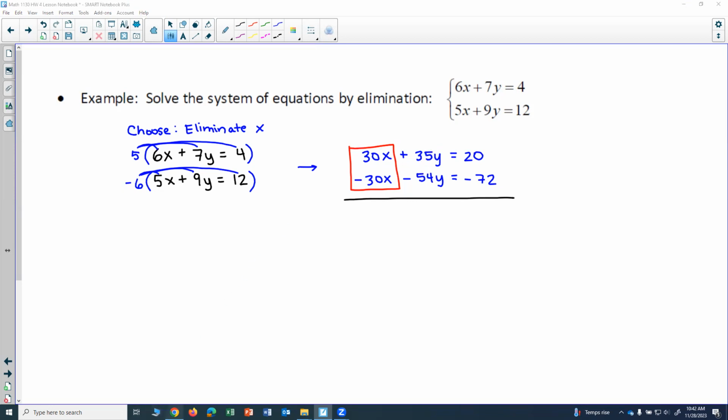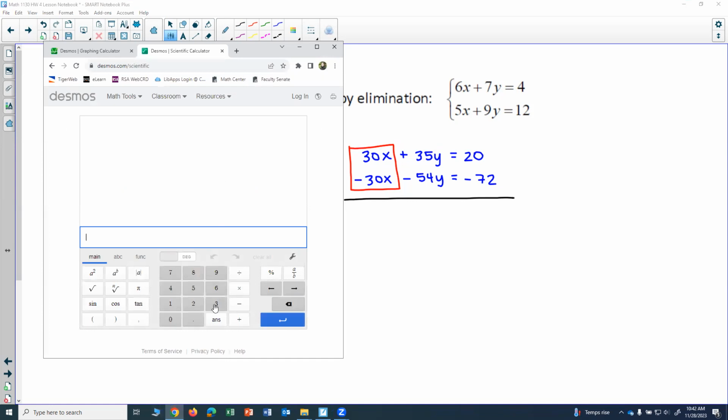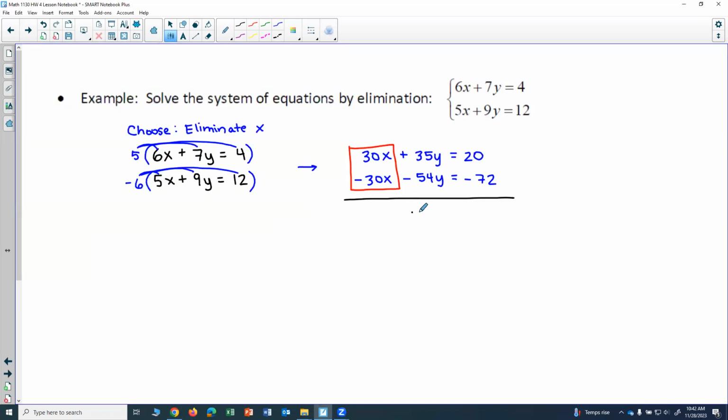And if you need to use a calculator, you can pull up your calculator. 35 minus 54, so I get negative 19y. So I'll have negative 19y equals 20 minus 72, which is negative 52.